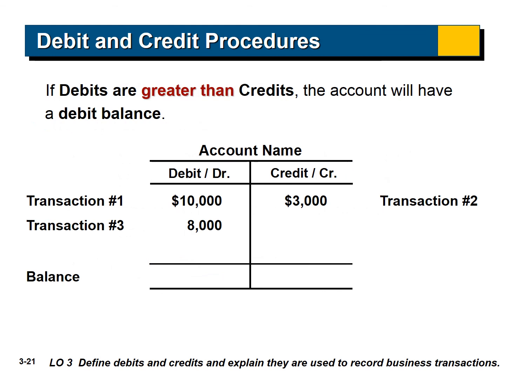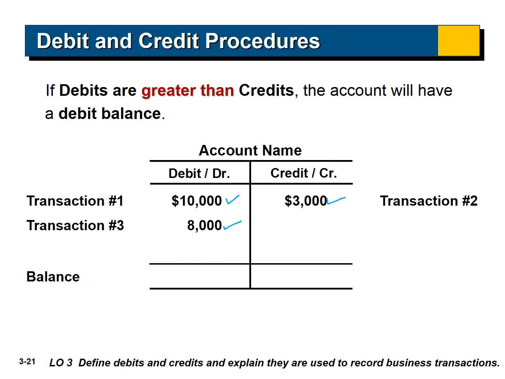So what are the debit and credit rules, or the debit procedures? Well, if the debits are greater than the credits, the account will have a debit balance. So for example, if you have three transactions, transaction 1 was a debit, transaction 2 was a credit, and transaction 3 was a debit, what's going to be the balance?